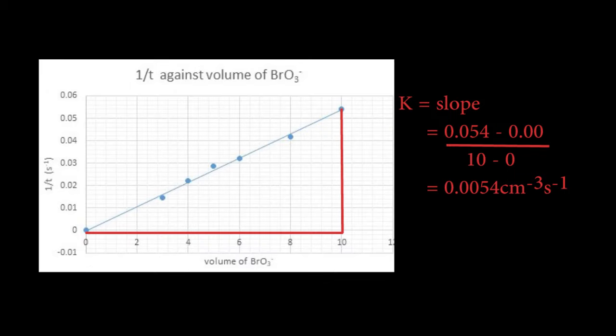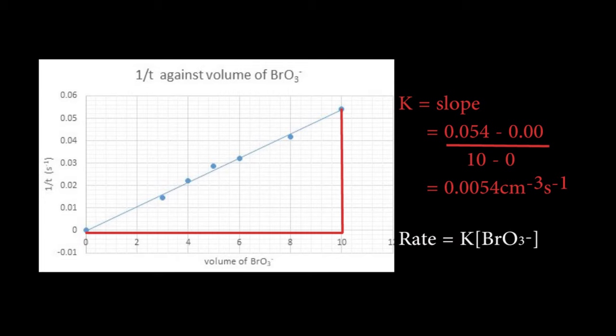Part 3, the rate constant k is equal to the slope, which is equal to 0.054 minus 0.00 over 10 minus 0, equal to 0.0054 per centimeter cubed per second.